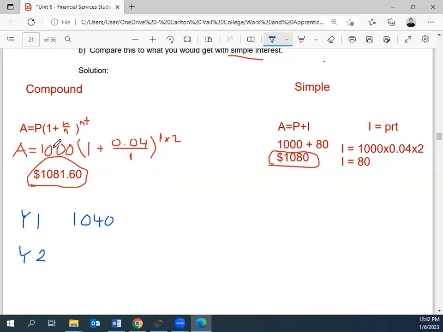It's now $1,040, so you have a different principal. You now have a bigger investment that they're calculating interest on. If you were to take 4% of this 1,040, you'd get $41.60. So it's adding in this previous interest, calculating it, and adding more into it.